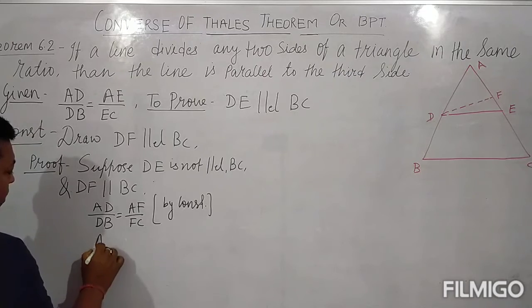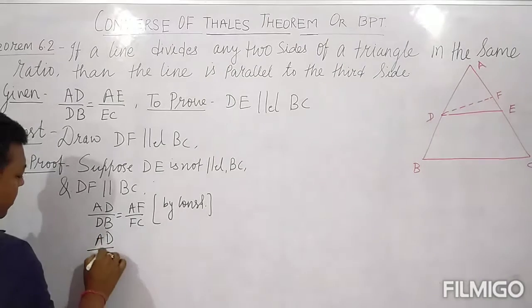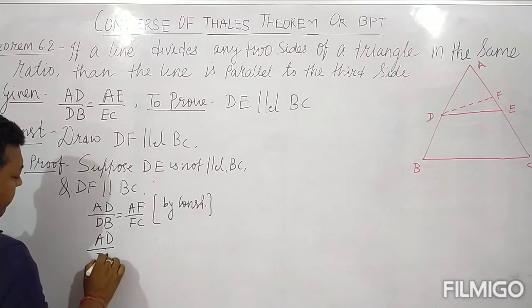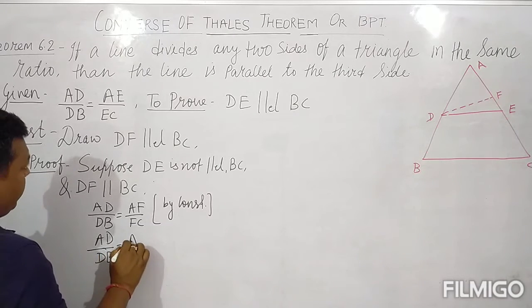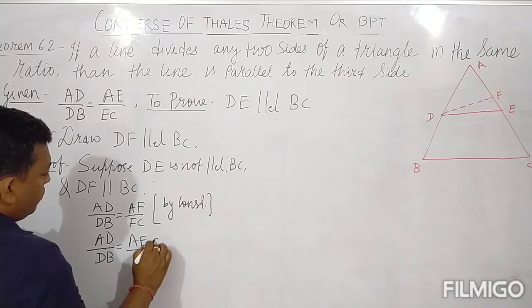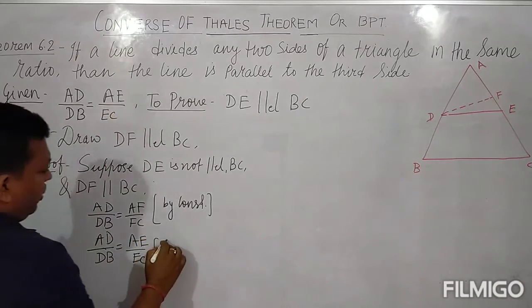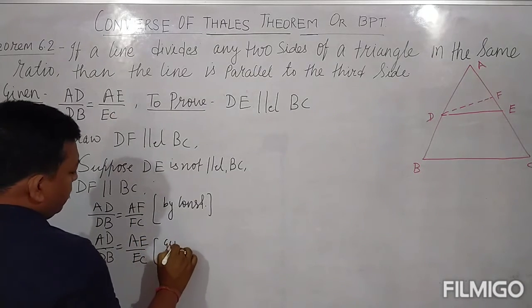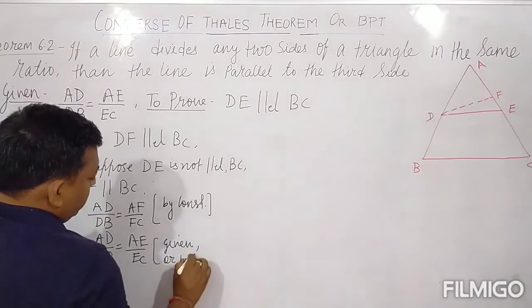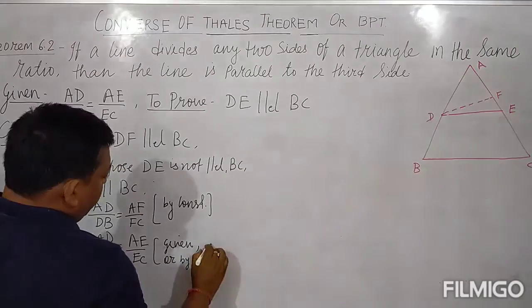Also, we know that AD by DB equals to AE by EC from given condition, or by BPT or Thales theorem.